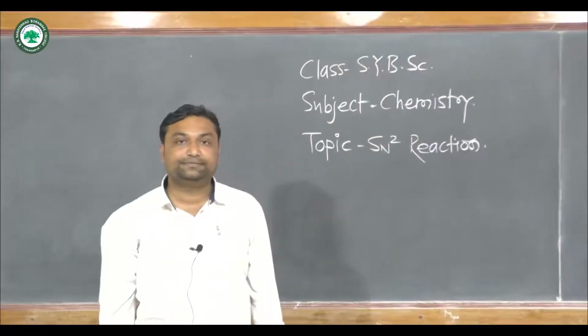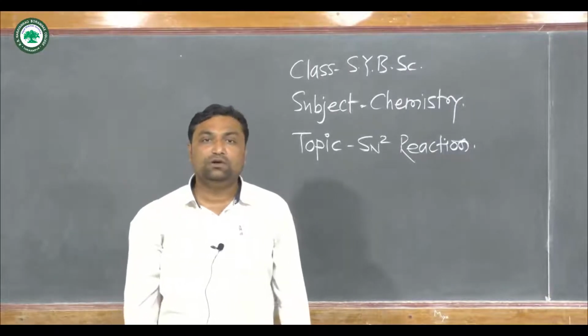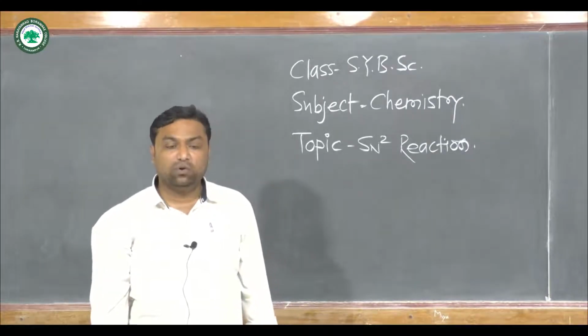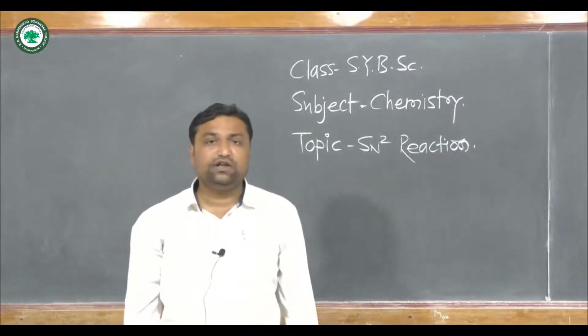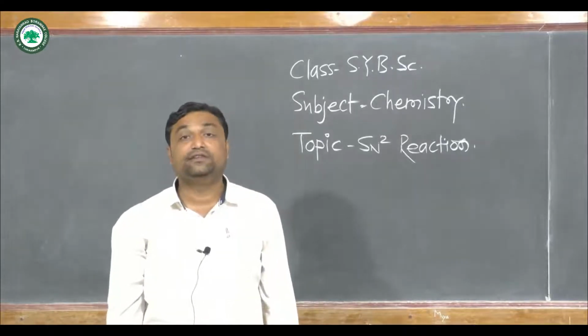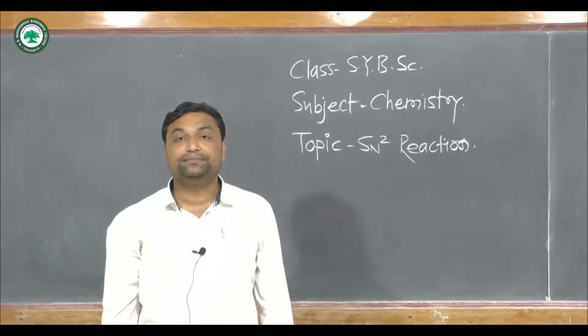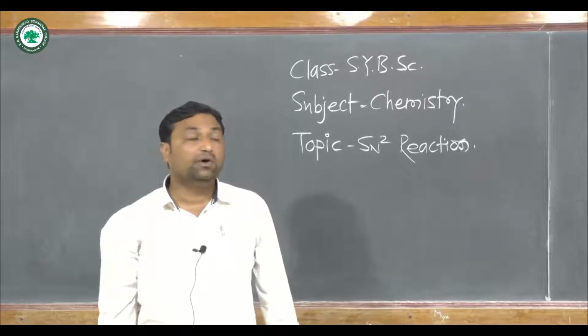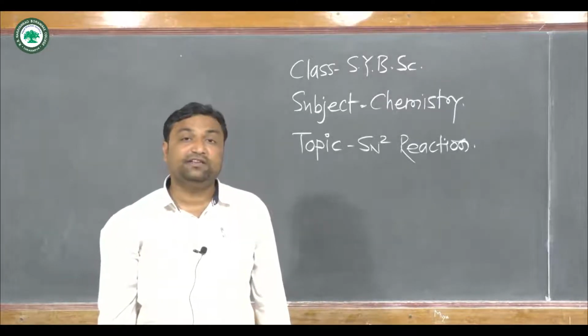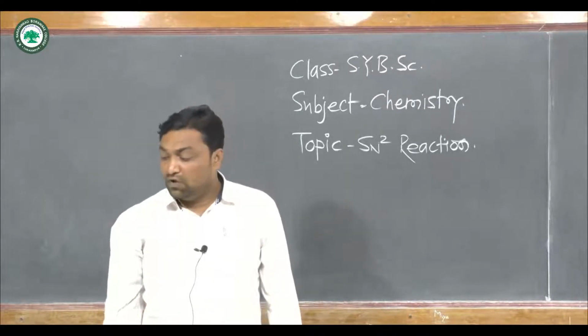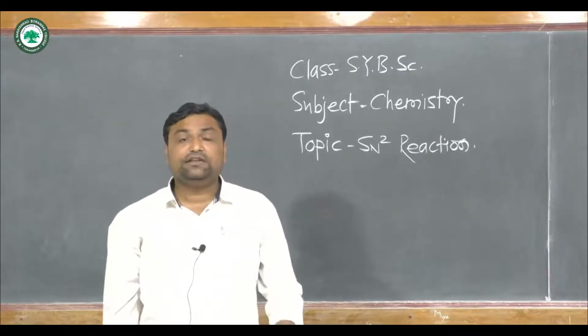Hello friends, up till now we have studied the aliphatic nucleophilic substitution reaction and its types. In our previous lecture, we learned what is meant by the SN1 reaction and what its stereochemistry is.